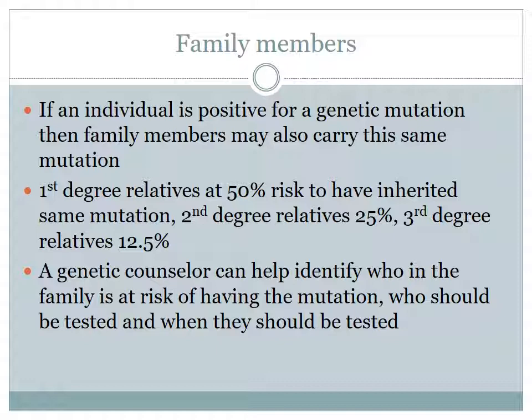First-degree relatives are at 50% risk to have inherited the same mutation, second-degree relatives 25%, third-degree relatives 12.5%. A genetic counselor can help identify who in the family is at risk of having the mutation, who should be tested, and when they should be tested.